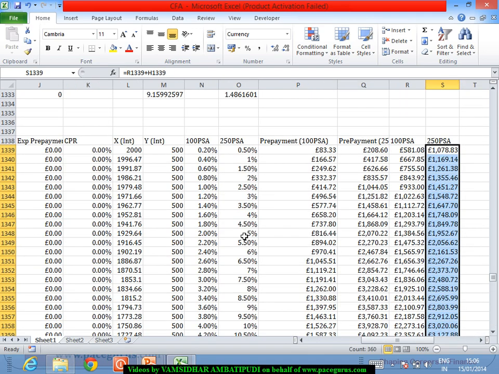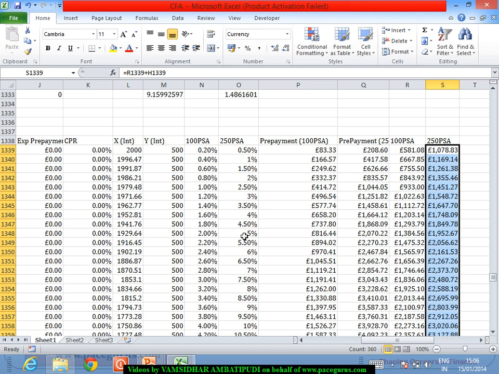So what we typically observe is for the initial periods, the 250 PSA value will be much higher and the 100 PSA value will be much lower. Whereas after a certain period, we see that the 250 PSA will be lower compared to 100 PSA.